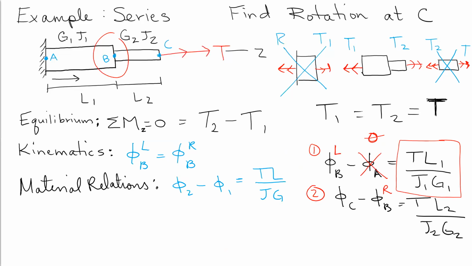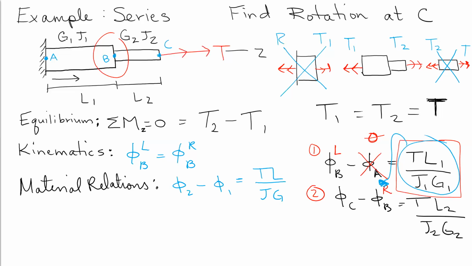So we can take this equation and plug it into our second equation. The first equation gives us the rotation on the left-hand side of B. We know that's the same as the right-hand side, so we plug it into our second equation.